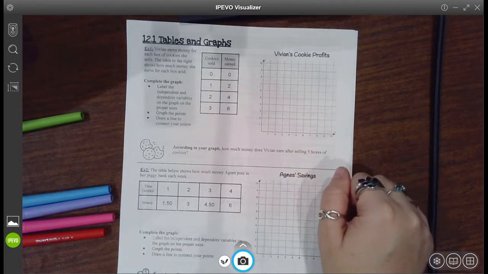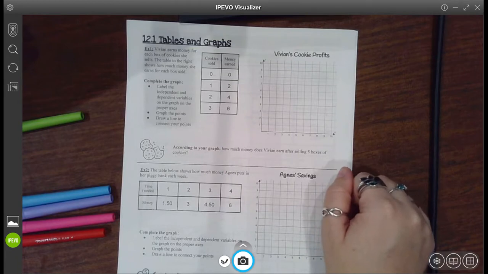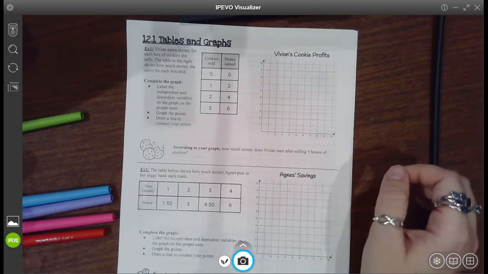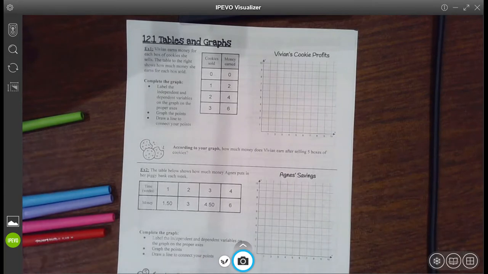Okay, so first off, let's go ahead and label which one's the independent and which one's the dependent variable. One way to remember what's what is that our equations are usually, you'll notice later, y equals something times x.